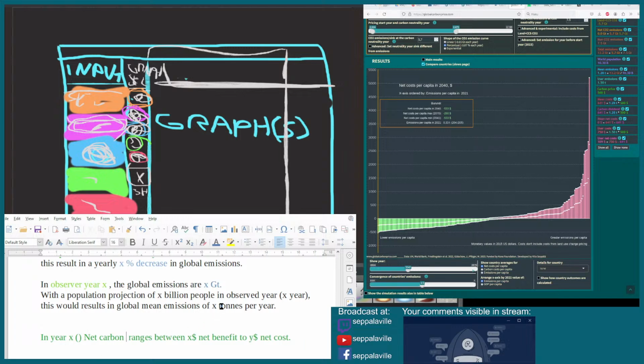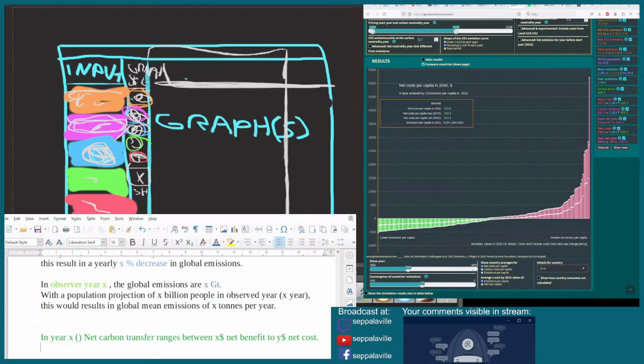Or it could be net carbon transfer. I think transfer could work, because with transfer you can easily understand that it includes the dividend, but maybe you can also understand that it includes the original tax.